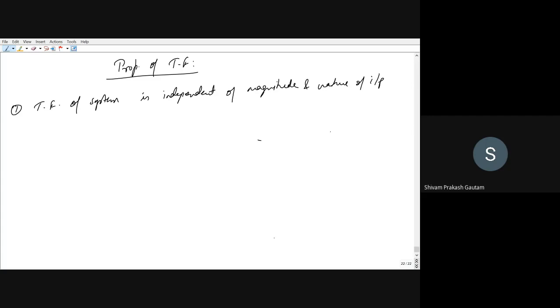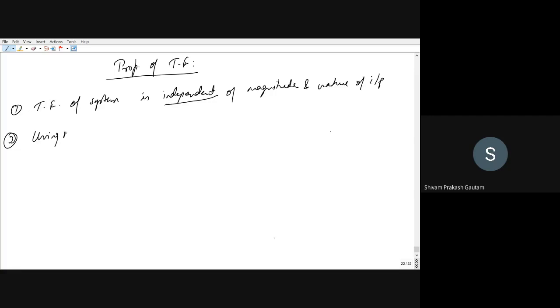Whatever kind of input there is, whether bounded or unbounded, the transfer function of a system is independent. It does not depend upon the nature and magnitude of the input.